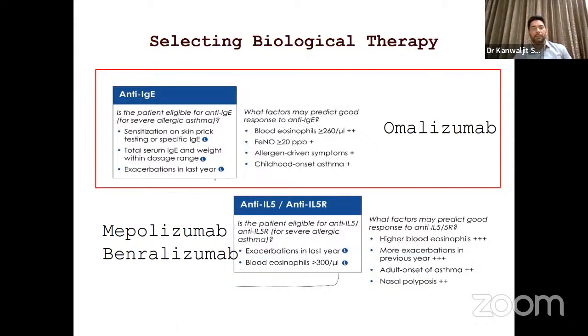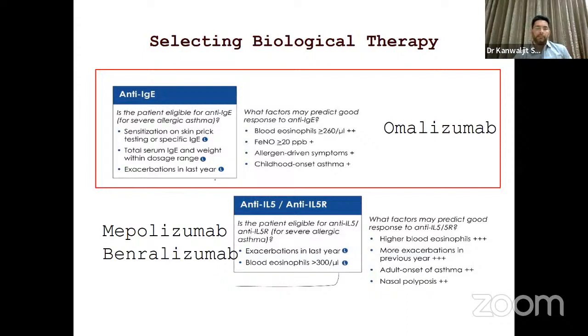So what are the factors that may predict good response to anti-IgE, that is omalizumab? If the patient has blood eosinophil levels more than 260, FeNO levels more than 20 ppb, and allergen-driven symptoms, or the patient has childhood onset asthma, then omalizumab response is better.